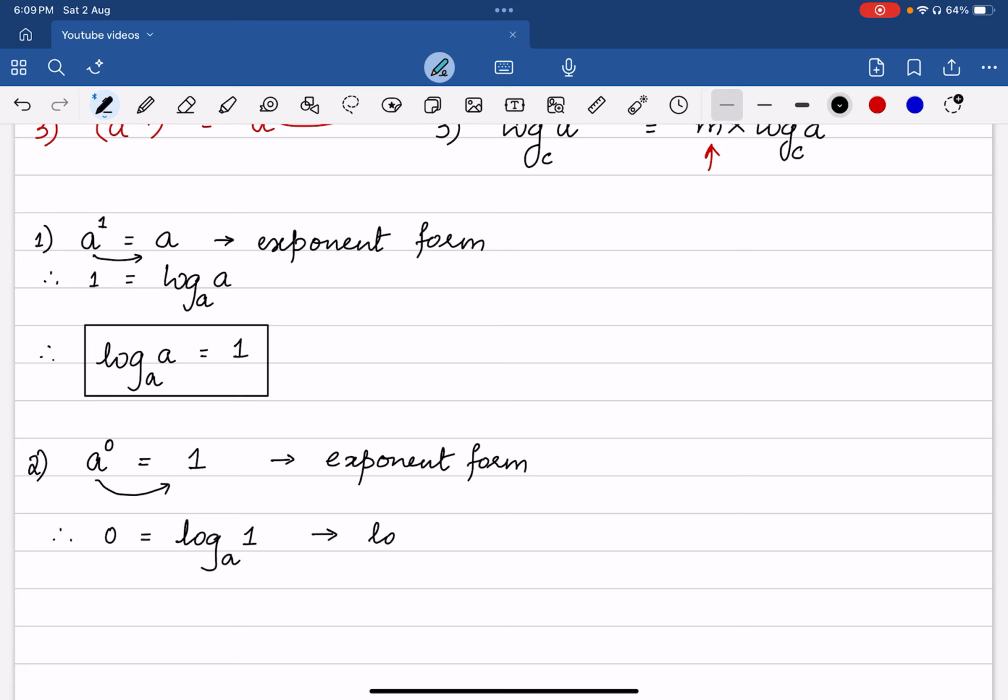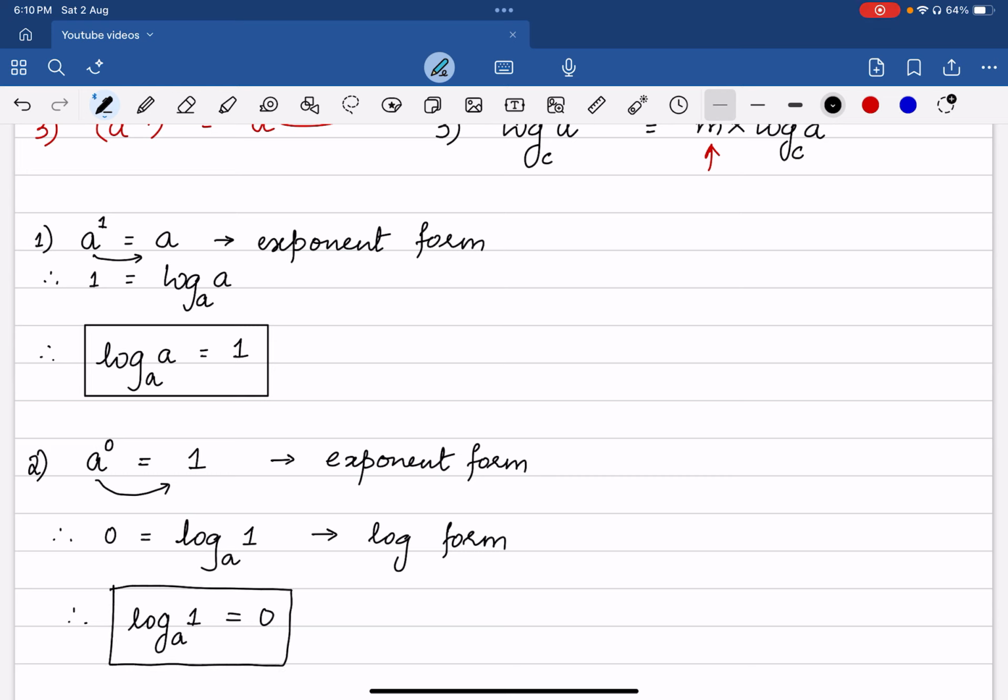Now this definitely looks like the log form. So another characteristic of logarithm is that log of 1 to any base is always 0. These are a few characteristics of logarithms that we should be aware of.